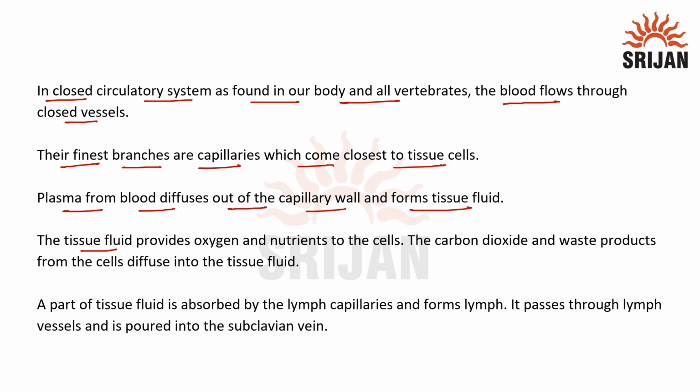The tissue fluid provides oxygen and nutrients to the cells, and the carbon dioxide and waste product from the cells diffuse into the tissue fluid. A part of tissue fluid is absorbed by lymph capillaries and forms lymph. It passes through the lymph vessels and is poured into subclavian vein.